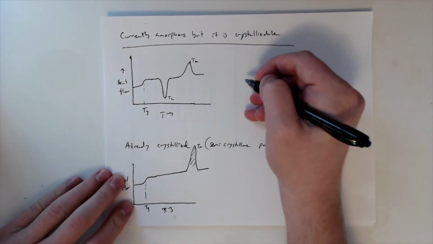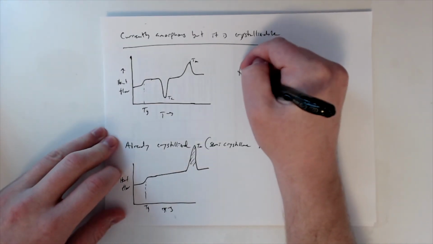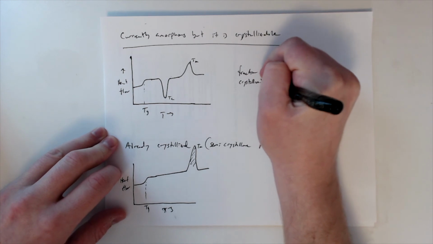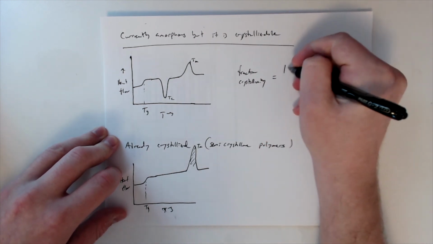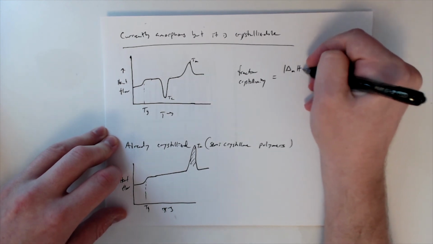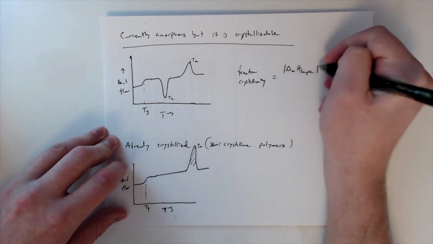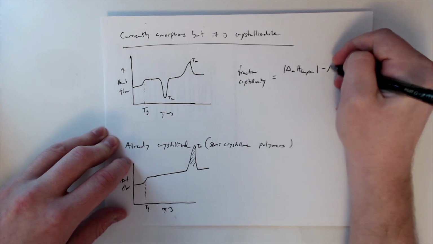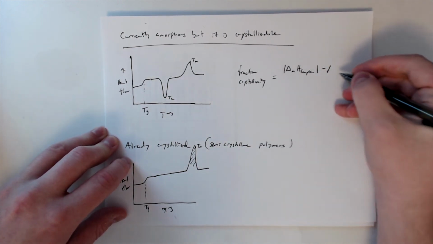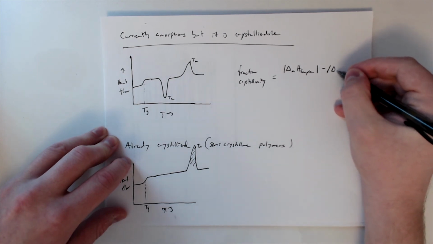So when we have this scenario up here, the fraction of crystallinity we can get from looking at the melting enthalpy of the sample, so this is the absolute value of the melting enthalpy of the sample, minus the crystallization.